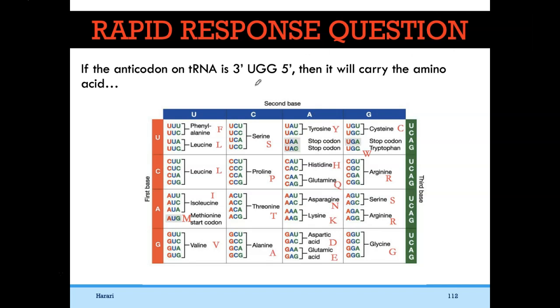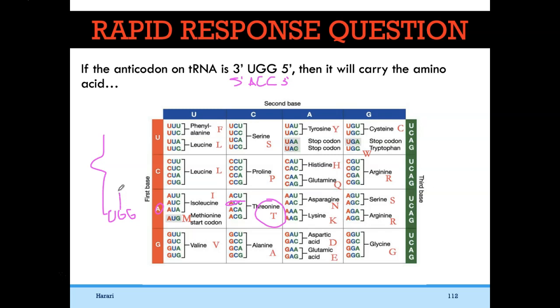So we have to figure out what the codon will be, which is going to be 5' ACC 3'. So let's look that up. It's ACC. That's threonine. So I'm trying to draw the anticodon of a tRNA molecule.